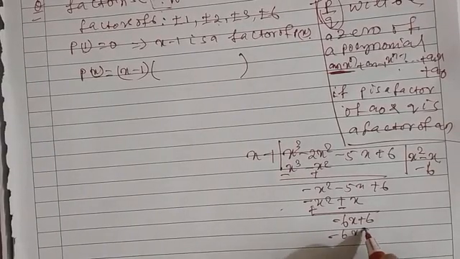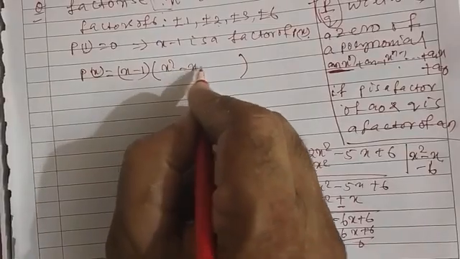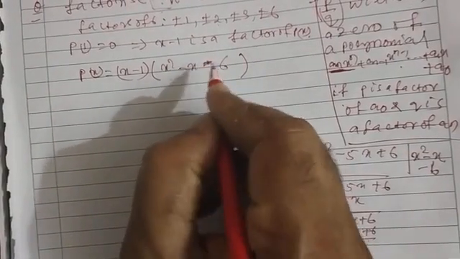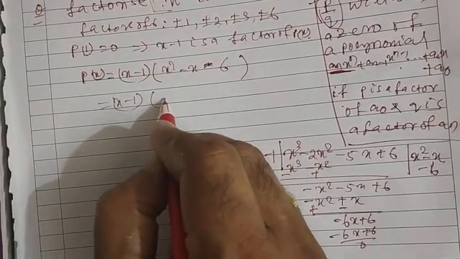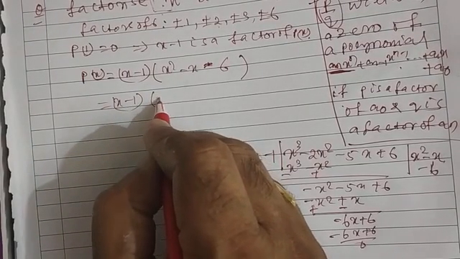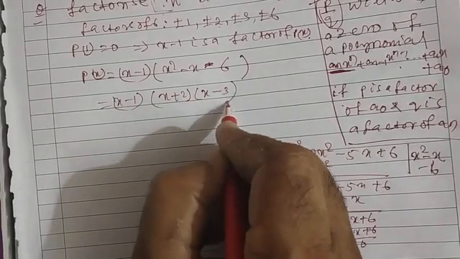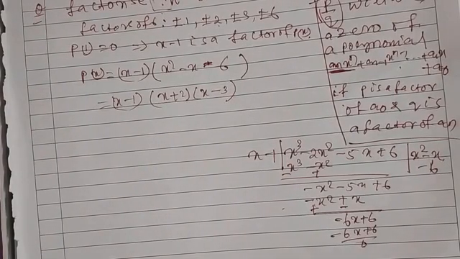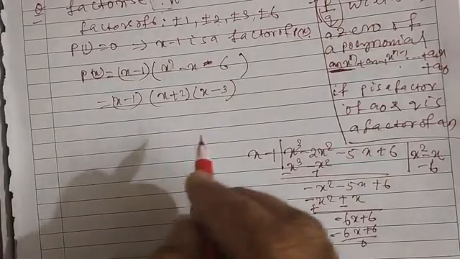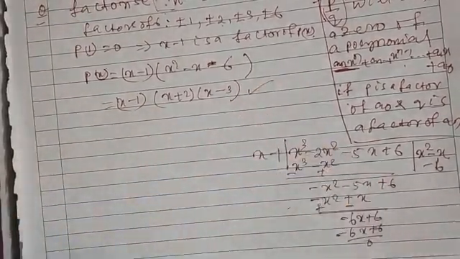Minus 6x plus 6, 0. So I got x square minus x minus 6. So finally it is x minus 1, then x plus 2 into x minus 3. Got the idea? Do you understand? Okay. Now this is the factorization of p(x).